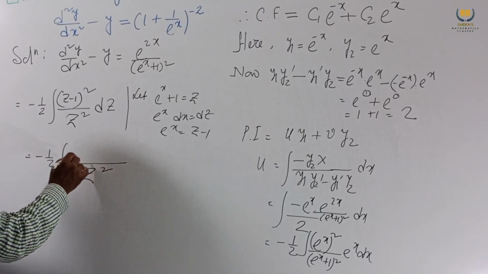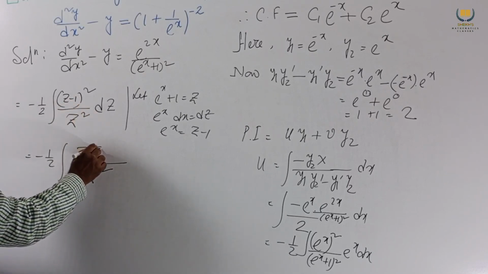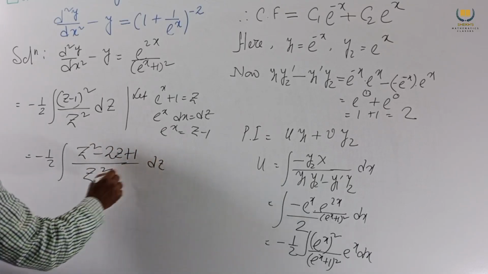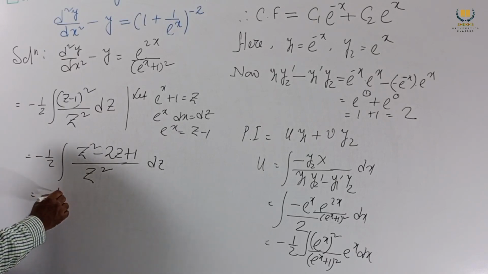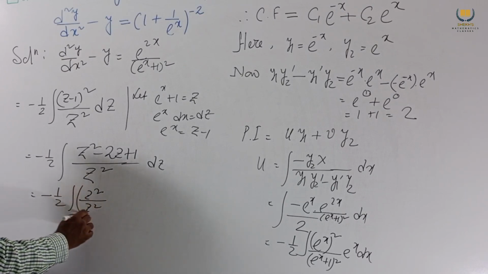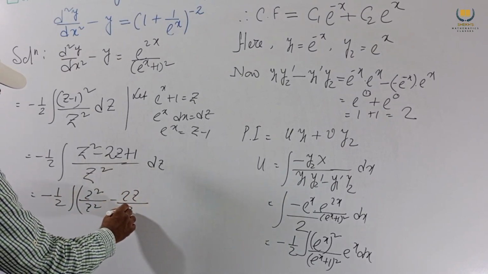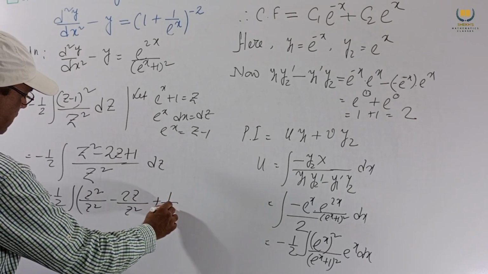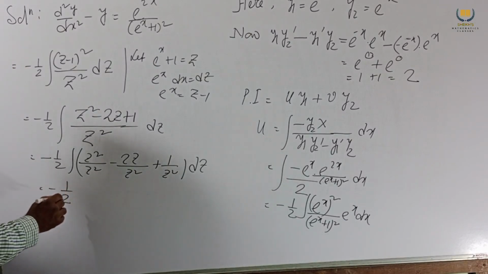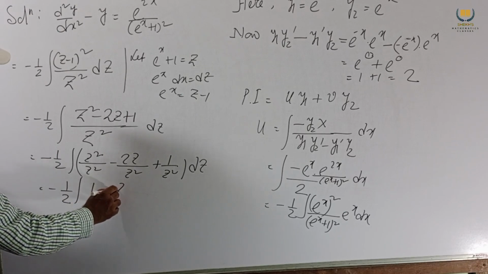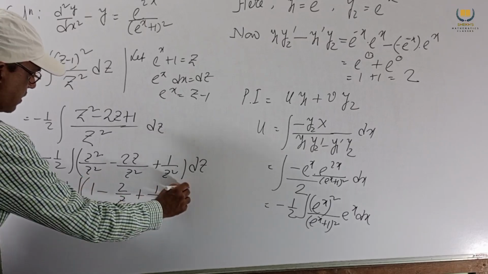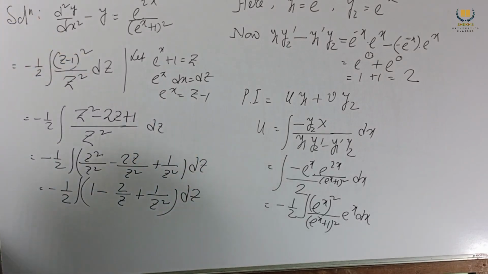This is (a − b)² = a² − 2ab + b², so −1/2 ∫ (z² − 2z + 1)/z² dz, that is −1/2 ∫ (1 − 2/z + 1/z²) dz.